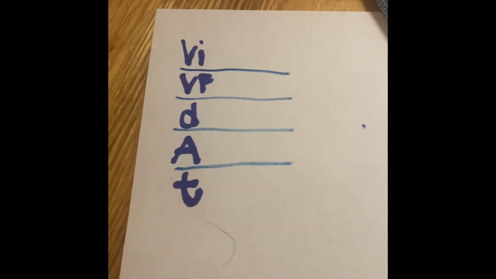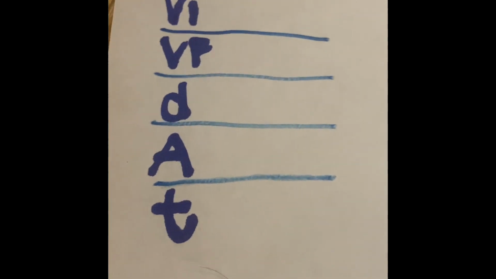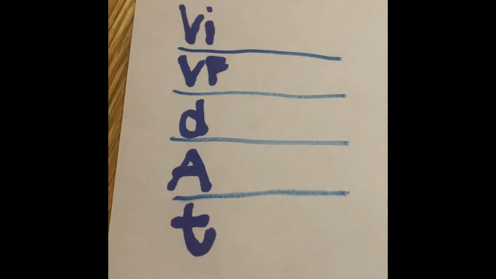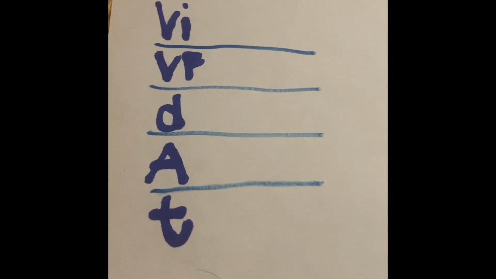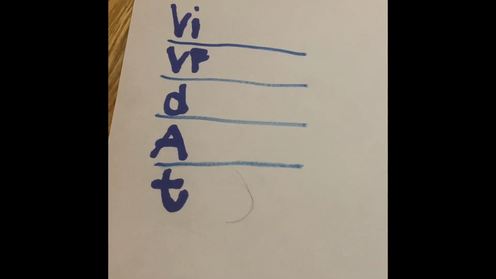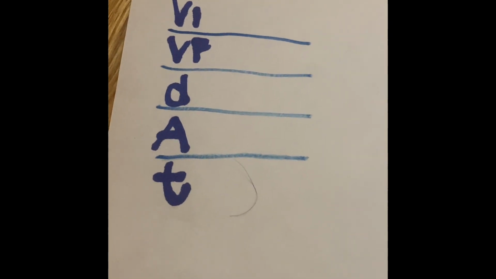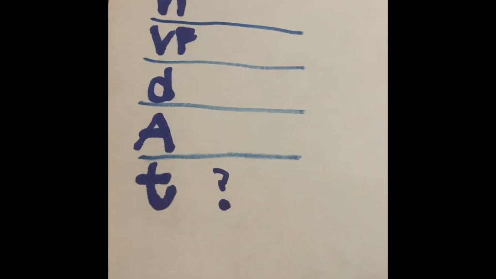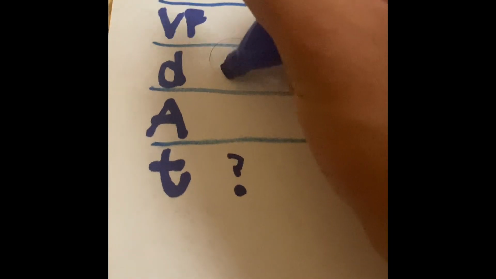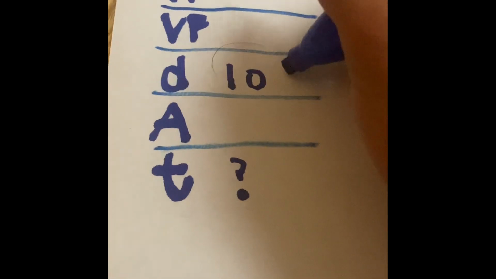Over here, we have a speed dating problem right here. We have initial velocity, final velocity, your displacement, acceleration, and your time. We already understand that what we're trying to do is find out what your time is, which we have no clue of.